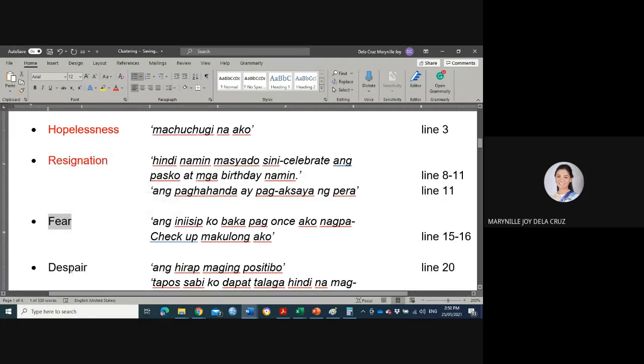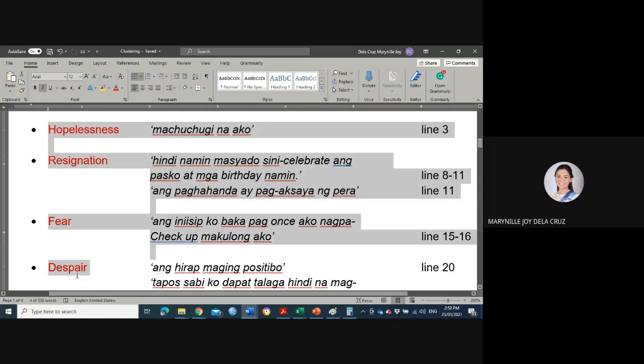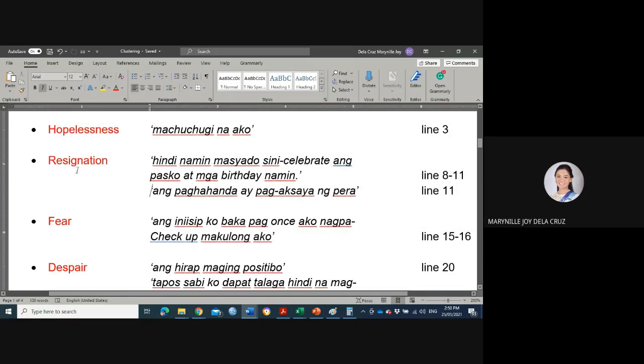So, these are the codes. Pag-inamba mo na ang code, ano ang code ng mga statements or lines? Once you already coded them, di ba, grupo mo siya? Pagka-grupo mo na, what is the meaning of these 4 words? Hopelessness, resignation, fear, and despair.